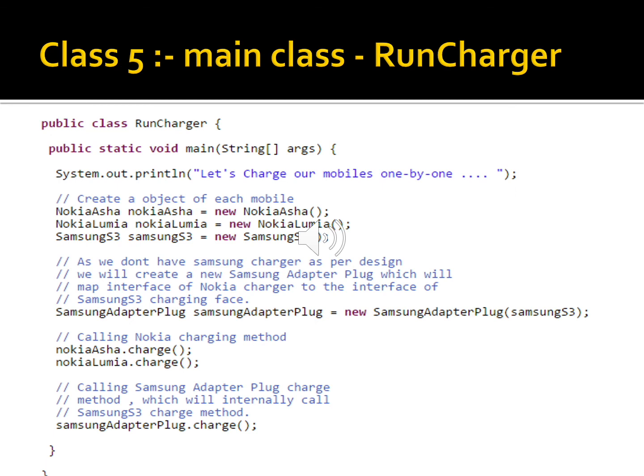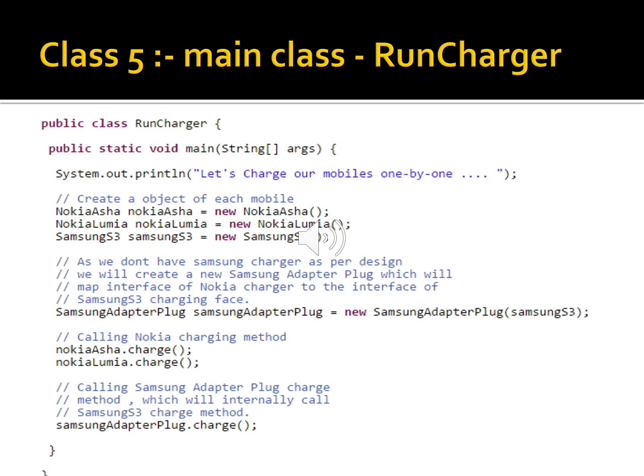Using this class, we will check that we have implemented the adapter design pattern. In this class, you can see that inside the main method, firstly the instance of the first class, which is Nokia Asha, is created. The second, the Nokia Lumia instance, is created, and the third, the Samsung S3 instance, is created.